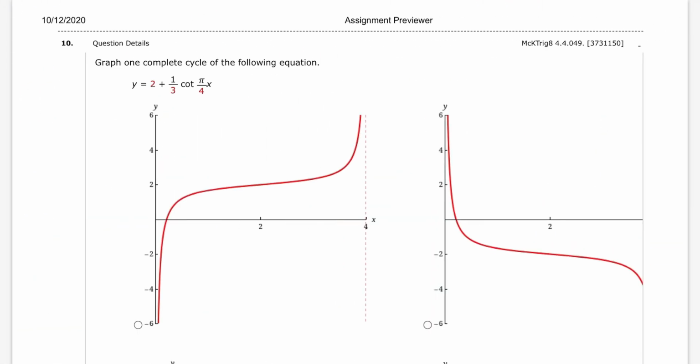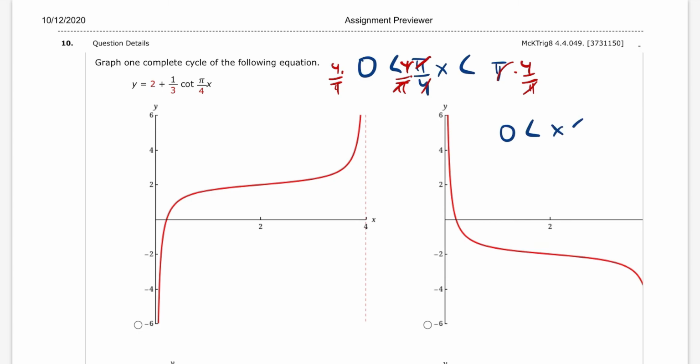For cotangent, you have to remember that the asymptote is between 0 and pi. The argument goes in the middle. And then we multiply by the reciprocal, which is 4 over pi. So we end up with 0 less than x less than 4. And because this is a cotangent, cotangents go in this direction, not this direction.